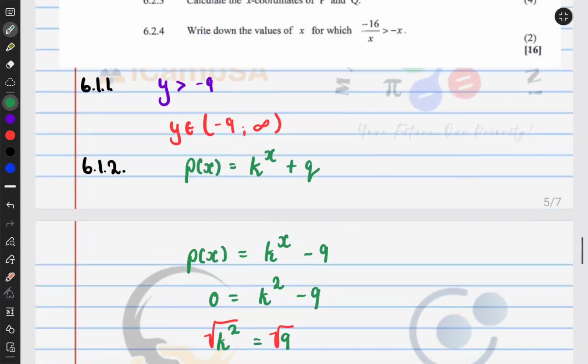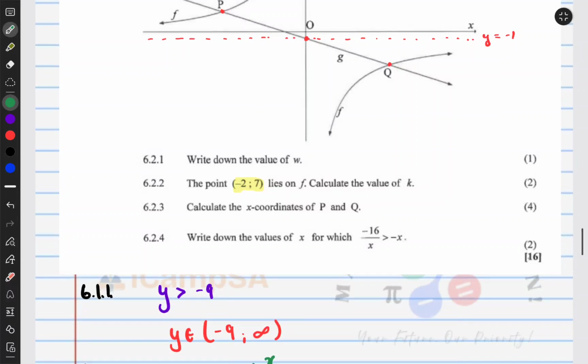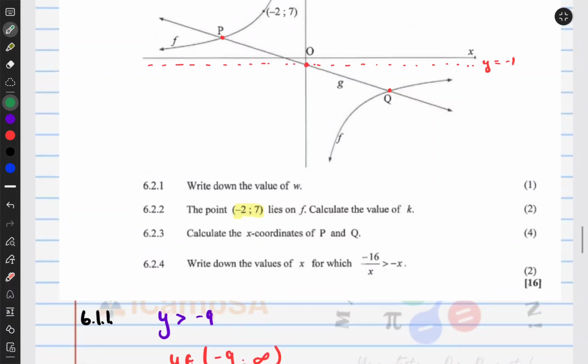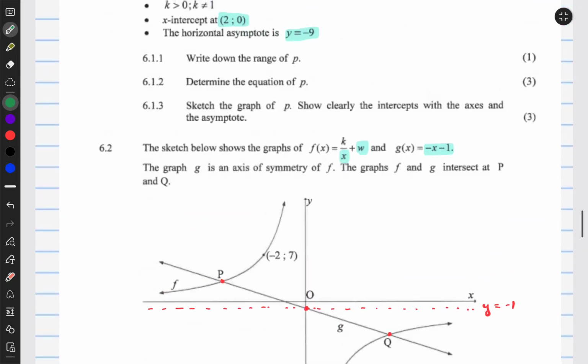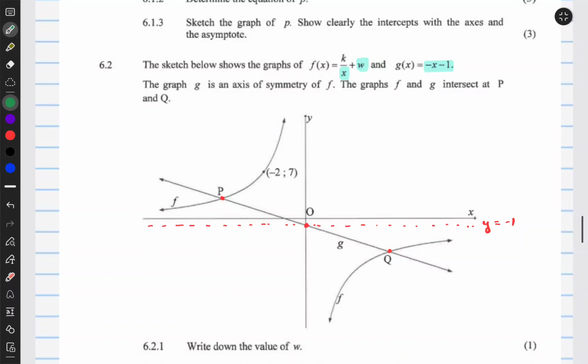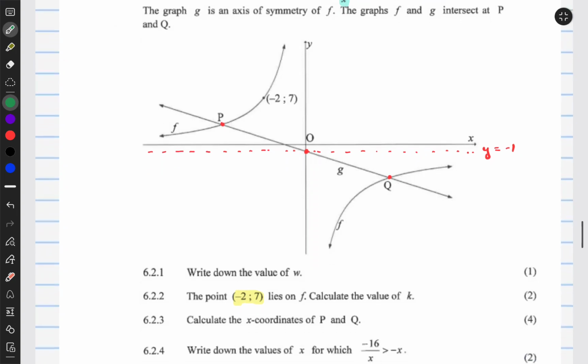But here we were only asked to find the value of k. Next: calculate the x-coordinates of P and Q, where the functions intersect. So g and f are both equal, and we just have to equate the two equations.